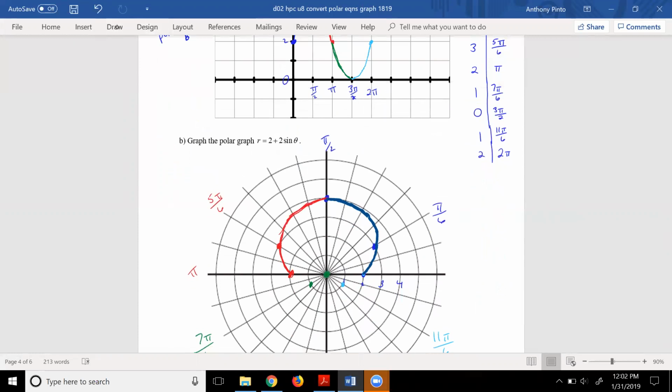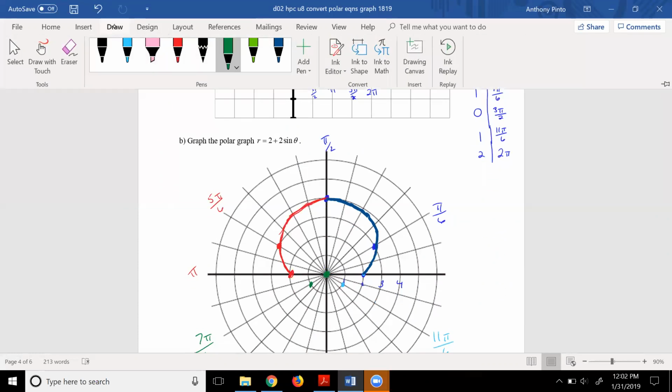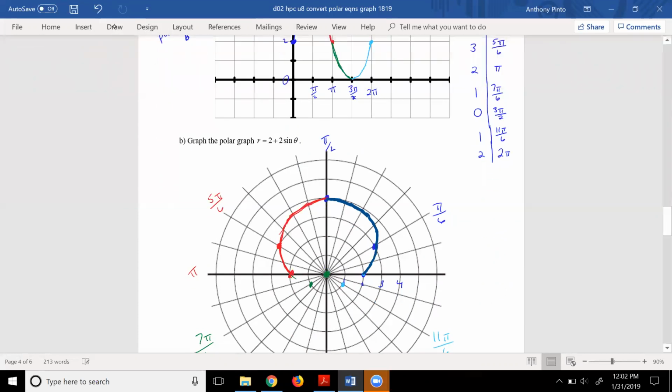For the green section, we're going to follow it down here, and it then hits that point and it comes back to the origin. And then the sky blue section does the same thing on the opposite side and comes back to where we started.